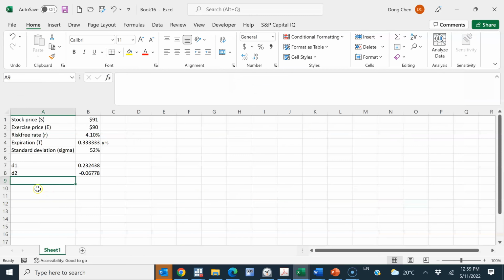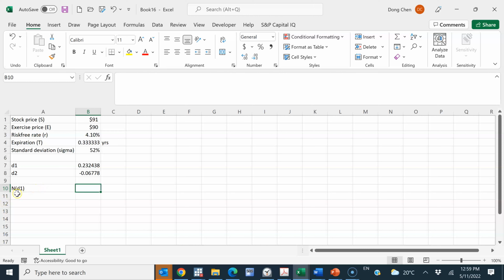So now I need to get N(D1), the CDF of D1. The interpretation of this N function is that it is the probability of a random variable, and that random variable is normally distributed. It's a standard normal distribution, and that random variable is less than or equal to D1.